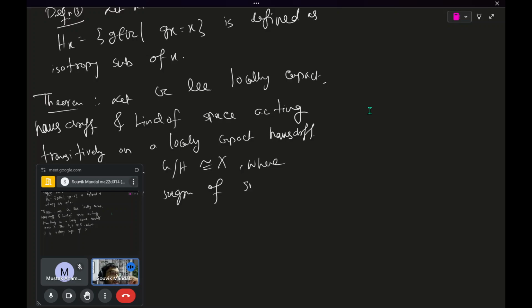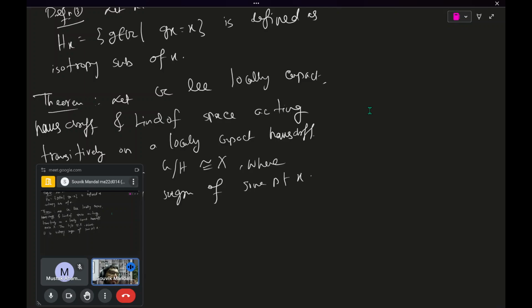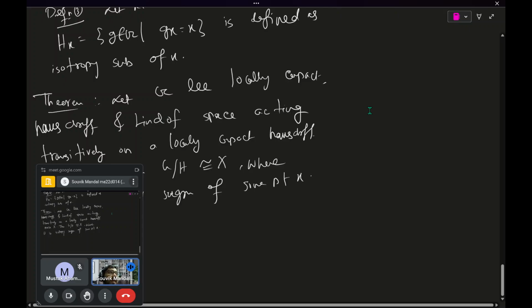So this tells that suppose G is a locally compact Hausdorff Lindelof topological group acting transitively on a locally compact Hausdorff space, then the space can be thought of as a quotient of G via some isotropy subgroup at some point.